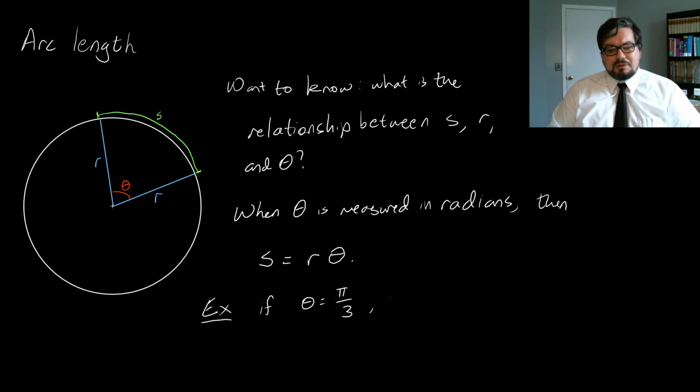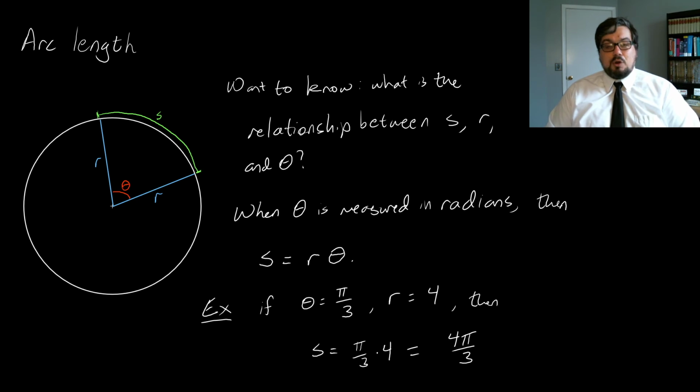If theta is pi over 3 and r is equal to 4, then the length of the arc defined by that angle inside this circle is pi over 3 times 4. We just multiply theta and r together and get 4 pi over 3. And that is the length of the arc defined by an angle of this measure sitting inside a circle of radius 4.